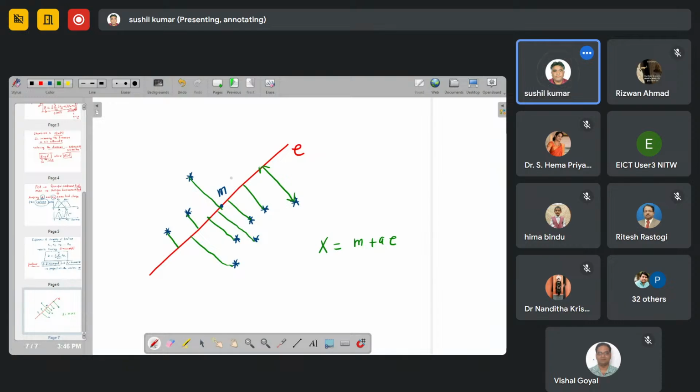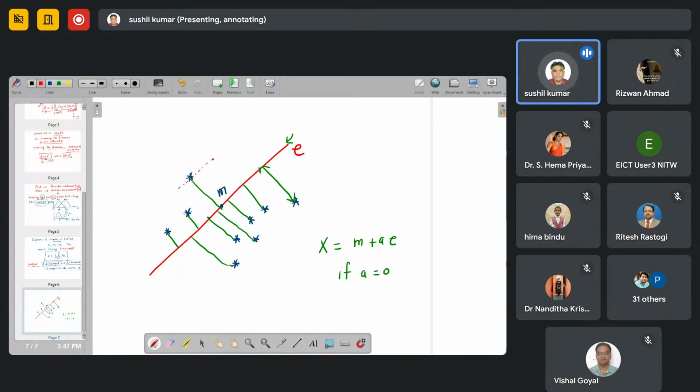If a is equal to 0, then you are at this line, on the mean. Suppose a is having some value, then you may be here on this line.